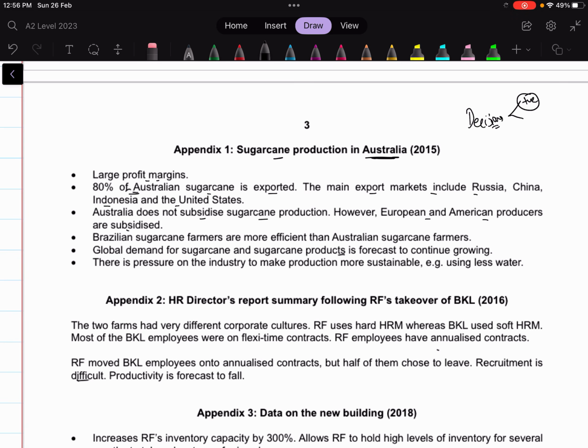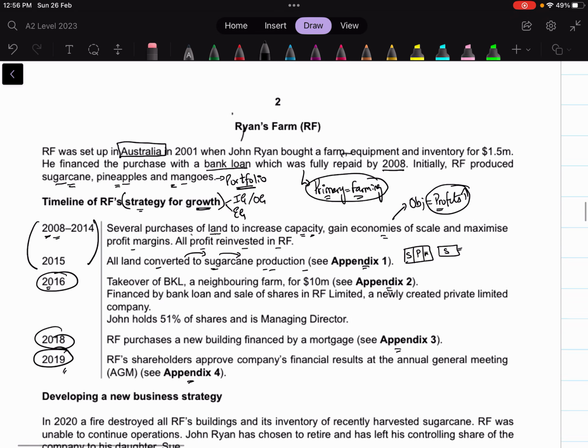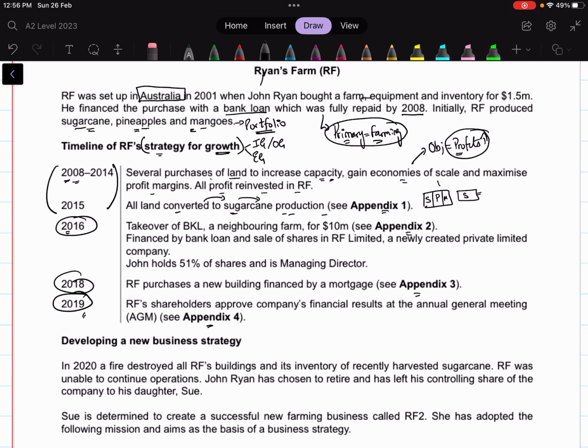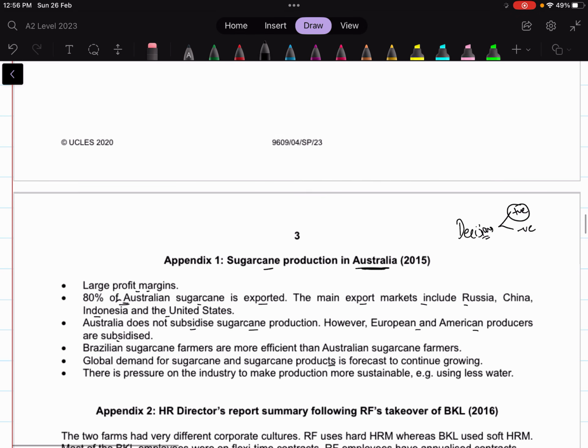And what evidence do you have from the case to support it? And why do you think that the steps that the business took from 2008 to 2015 were not right or unsuccessful? Like, if you go back, the business converted its entire land into sugarcane production and purchased several pieces of land to increase capacity and gain economies of scale.